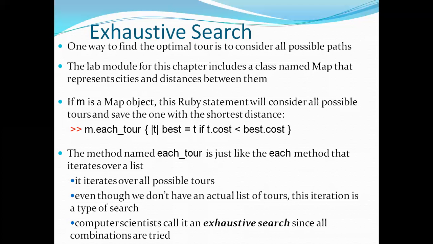For example, if m is the map object, or that particular district map, this is called a Ruby statement. As per the Ruby statement, we consider all the possible routes and save the one with the shortest distance.